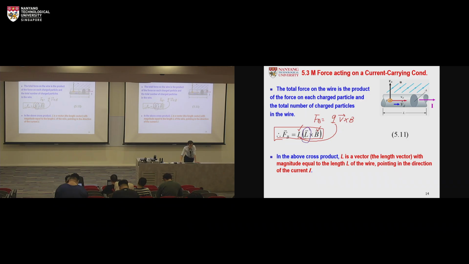The direction of vector L is the same as the direction of current flow. So if you have this formula, you can see you also have this vector L cross vector B, and you will need to use this to determine the F_B.